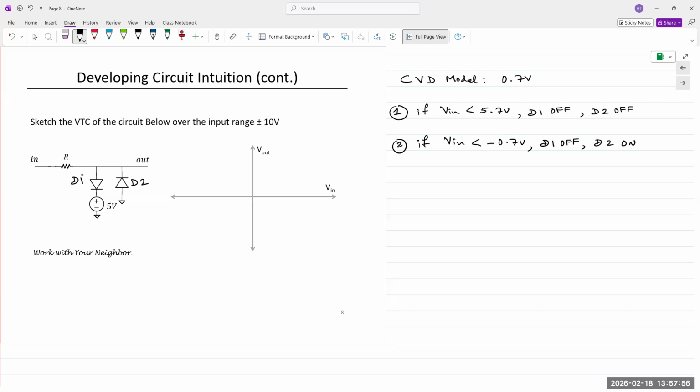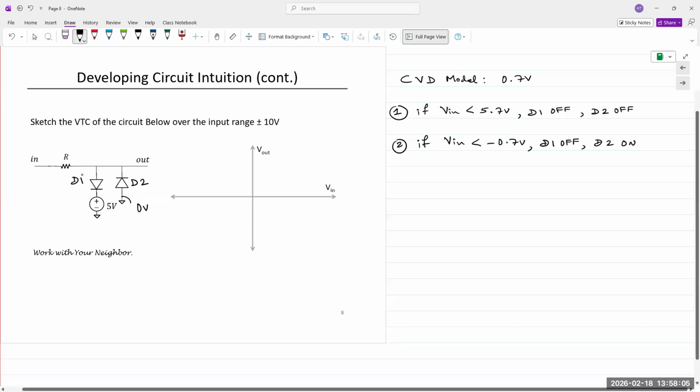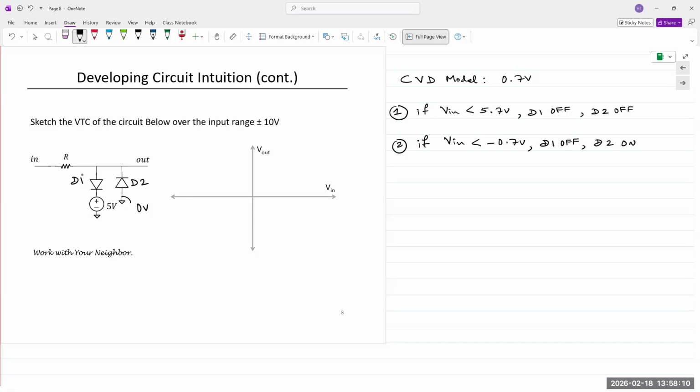When we look at D2, the anode of D2 is connected to 0 volts. Because this is at 0 volts, the cathode must be lower than 0 for it to turn on. With the CVD model, there must be a difference of 0.7. That means the cathode of D2 must be less than minus 0.7 volts in order for it to turn on. That's the second condition. So if V in is less than minus 0.7 volts, D1 is still off, D2 turns on.